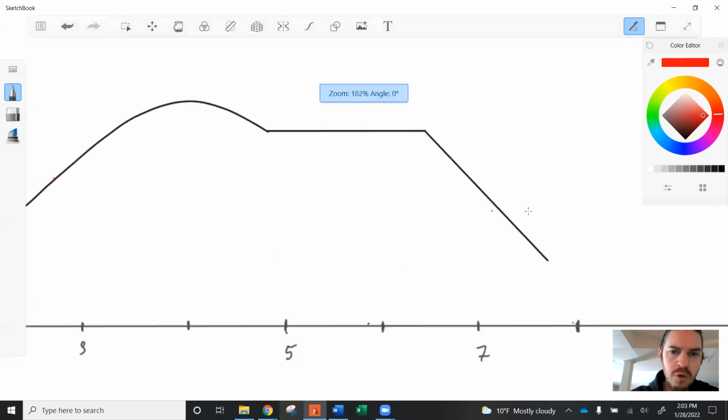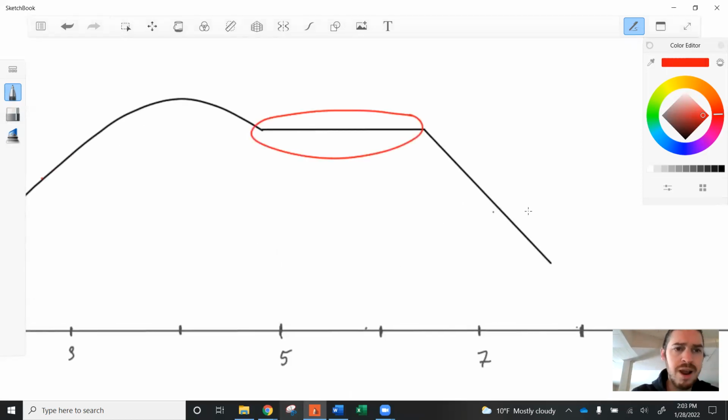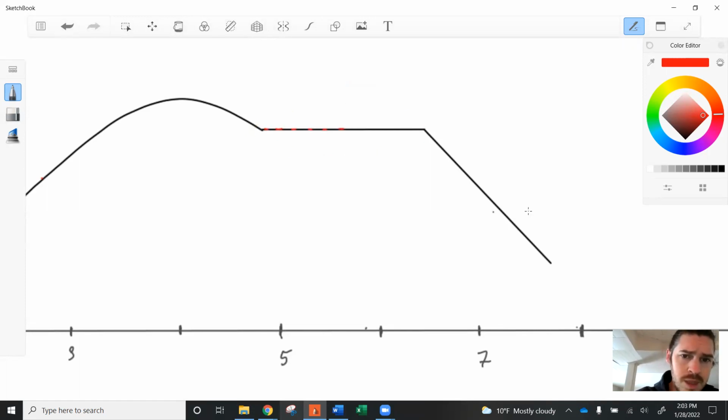Well, over here, here's a portion of the graph where the tangent line would be horizontal for any point on this part of the graph right here. This is a flat portion of the graph. The slope of the tangent lines at all the points on that flat portion are all 0. It's kind of like a constant part. And as you will learn soon, the derivative of a constant is 0.